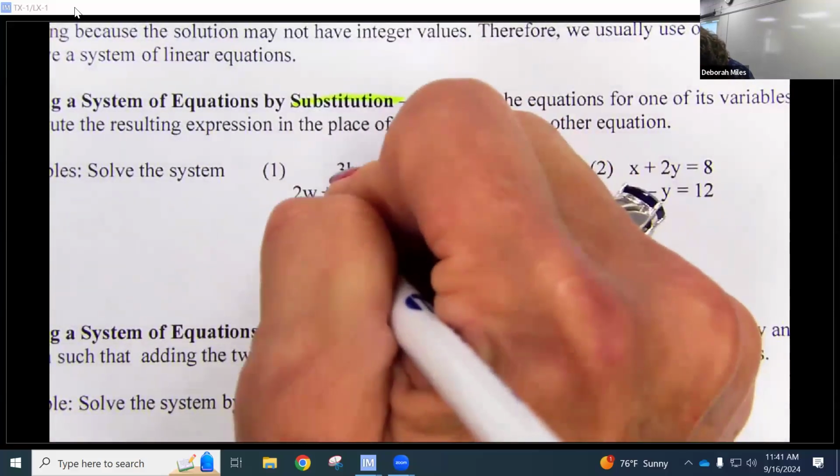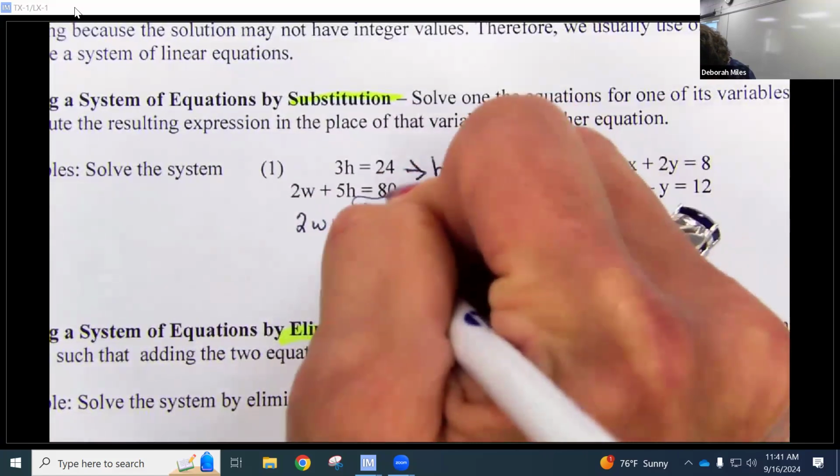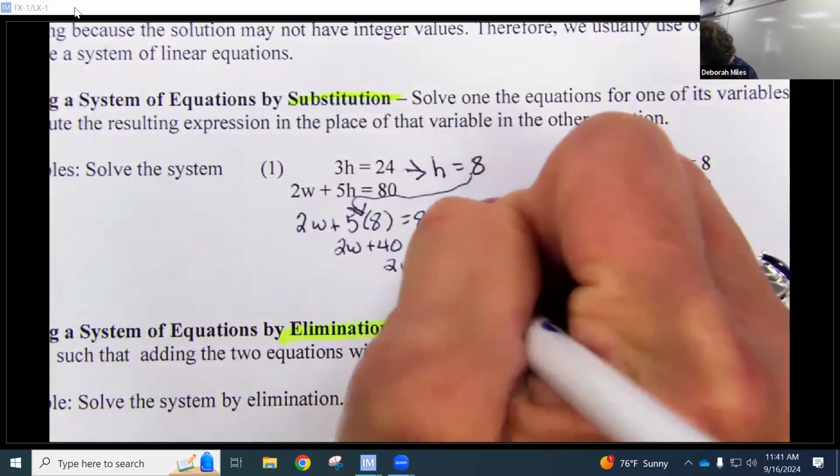So 2w plus 40 equals 80, and 2w equals 40, and w equals 20.